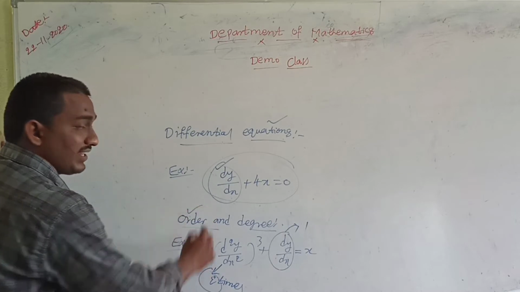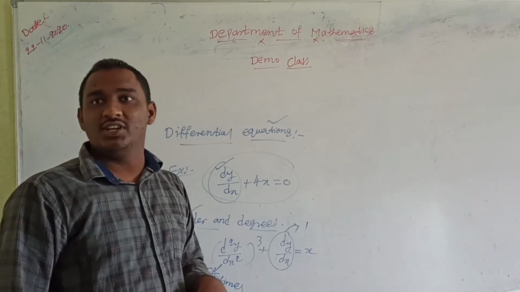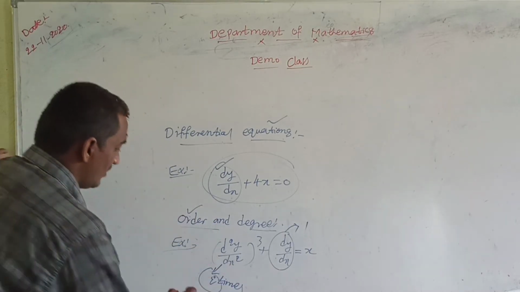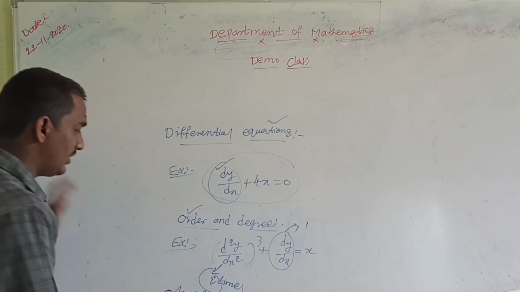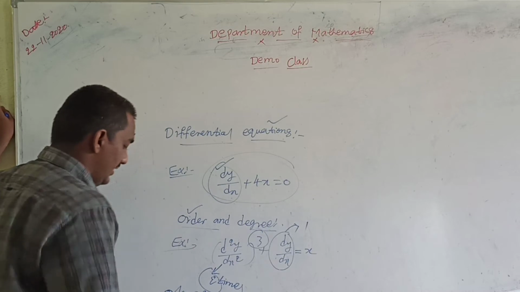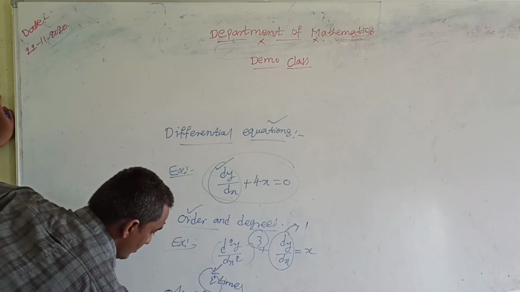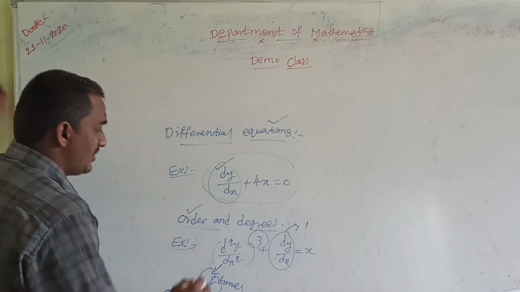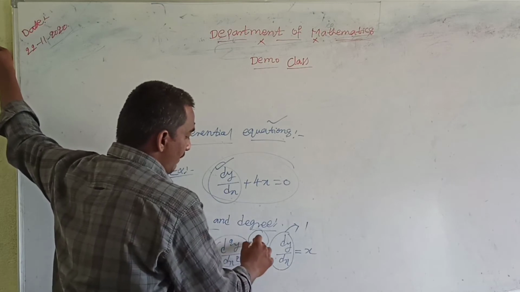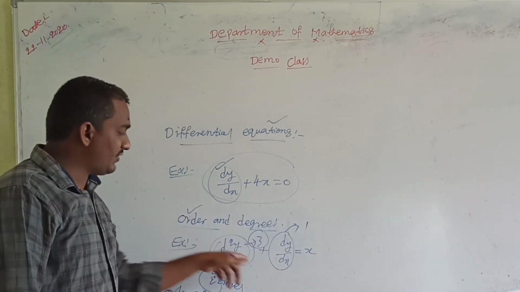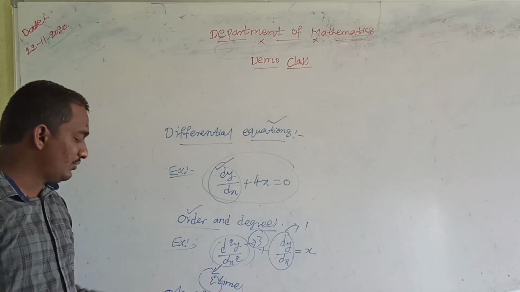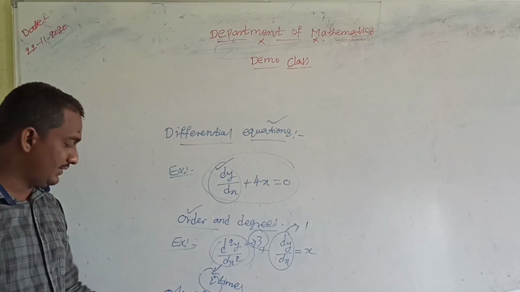So the order for the given differential equation is 2. Its power is known as degree. If you observe clearly, its power is 3. So for this differential equation, order is 2 and degree is 3.